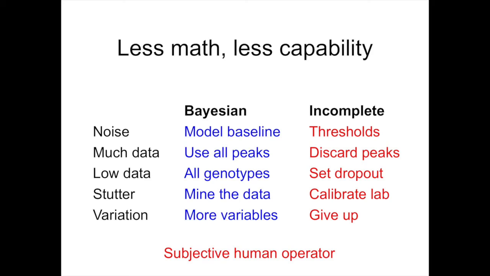For stutter and other artifacts, limited software can't mine evidence data. Instead, calibration is done on old data unrelated to the DNA in a case. Inadequate modeling of variation can make software just give up and give no answer. An incomplete model requires help from a human operator, a person who makes subjective choices.